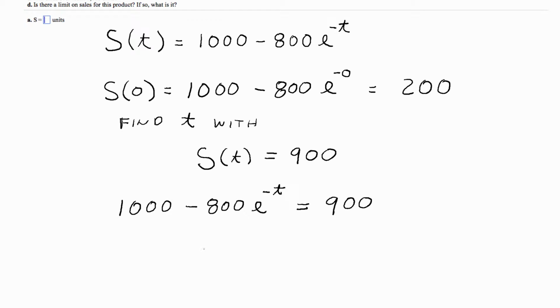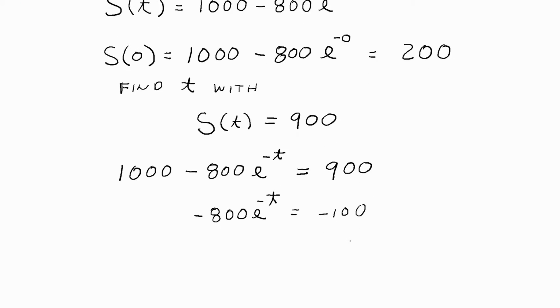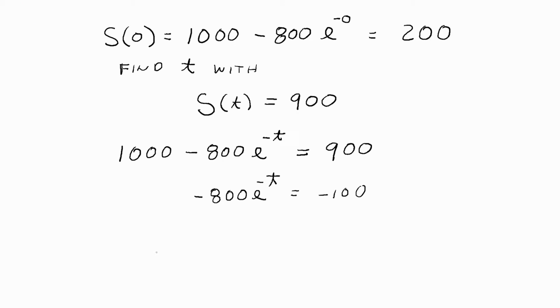First I subtract the 1,000 from both sides, leaving me with negative 800 times e to the minus t equal to negative 100. Now dividing both sides by negative 800, we see that e to the minus t is equal to 1/8.